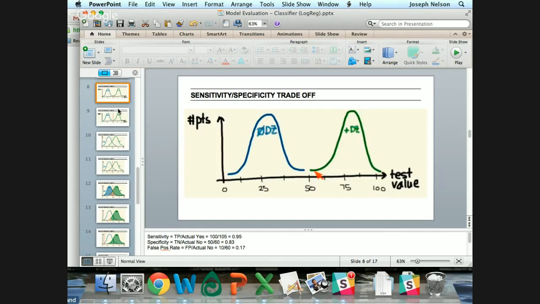So at 50, it's about here. Given this distribution, what value should we choose where, at that value, we say round up, and below that value we say round down?